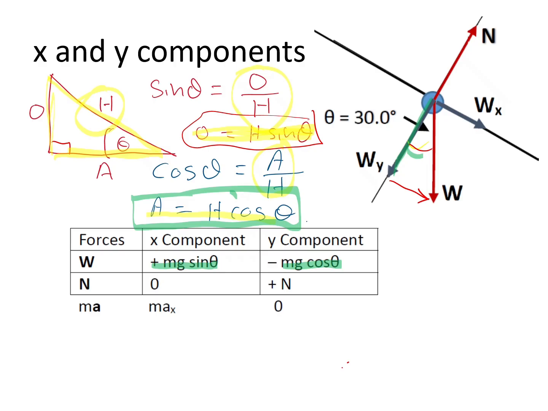And then you have to think about the sign of this component. The x component is pointing in the positive x direction, so the sign is positive. And the y component of the weight force is pointing in the negative y direction, so we have to have a negative sign in here.